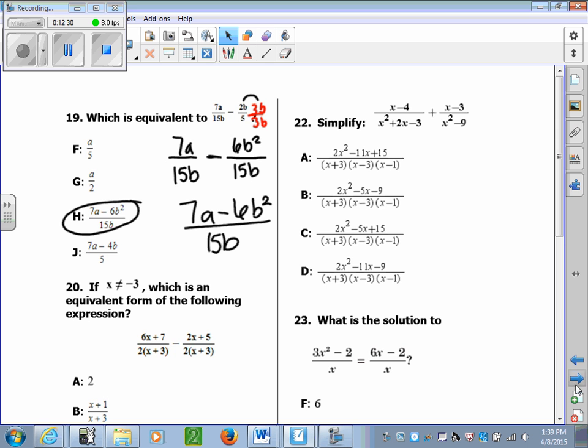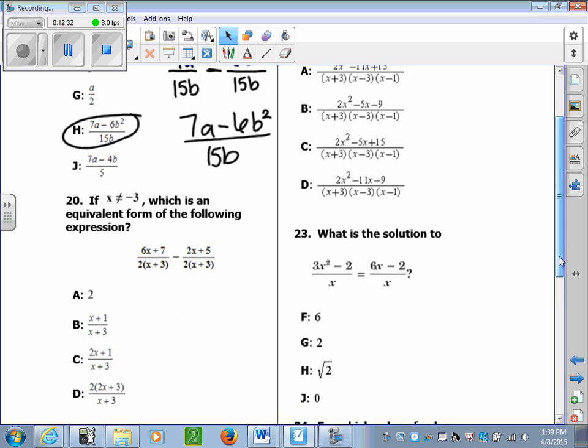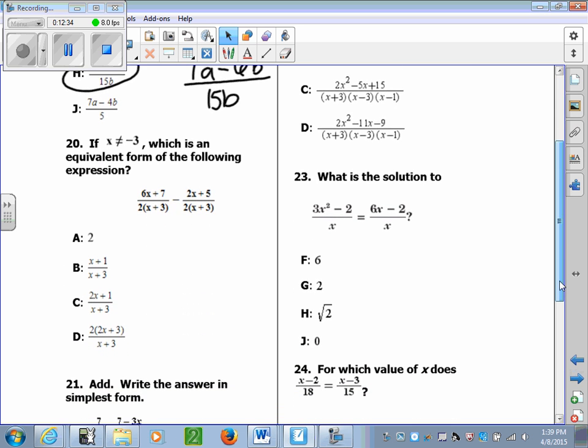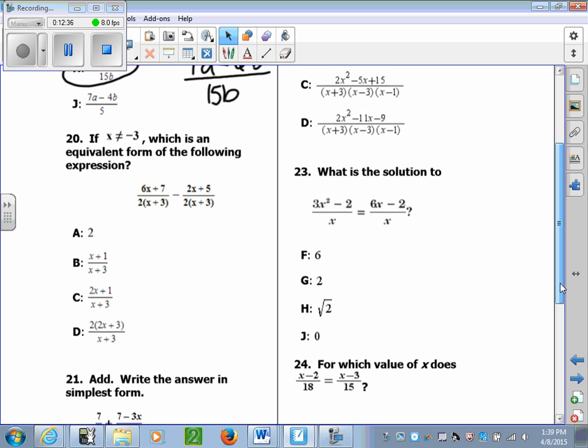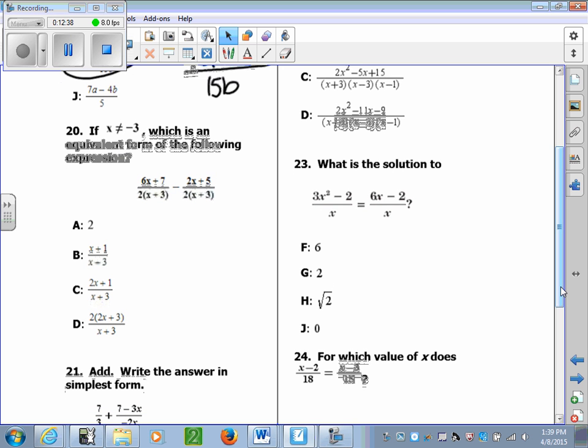All right, let's see, next one. Okay, so 20. My denominator is already matched, so I don't have to change anything. I can just go ahead and subtract like terms in the numerator.